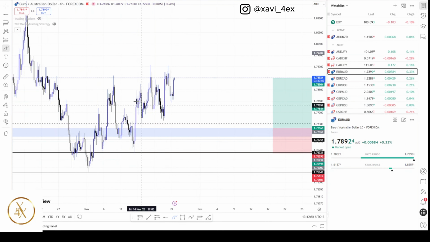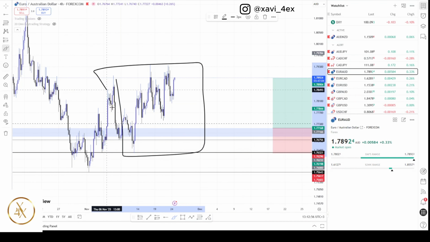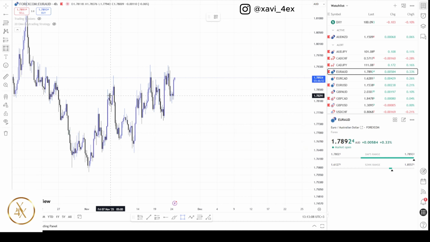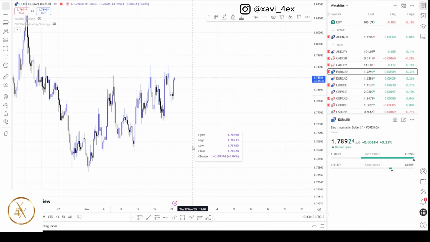So if I delete that, we're going to focus more on this. Let me actually mark it up for you guys to see it properly. So in this area right here, around there, that area, mark it properly.